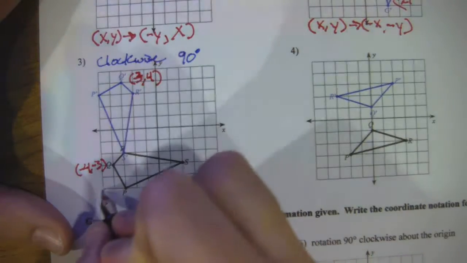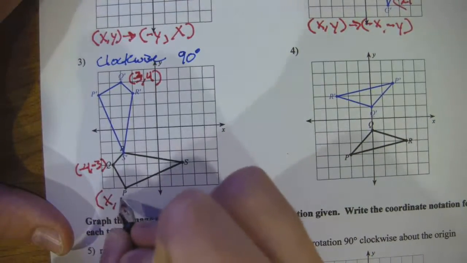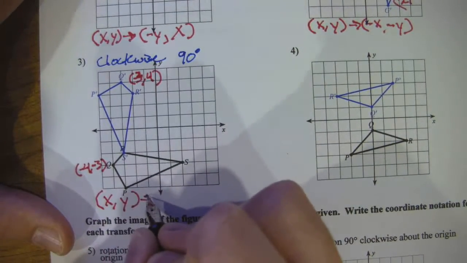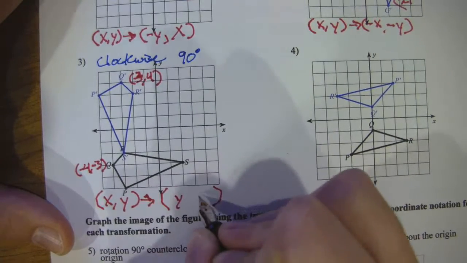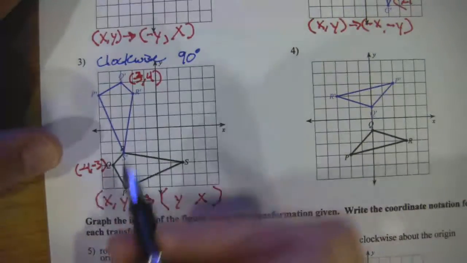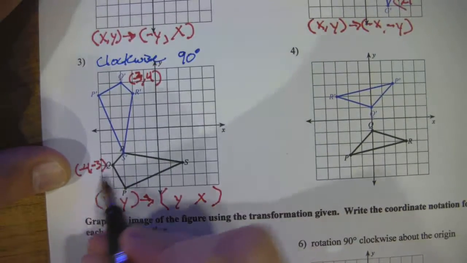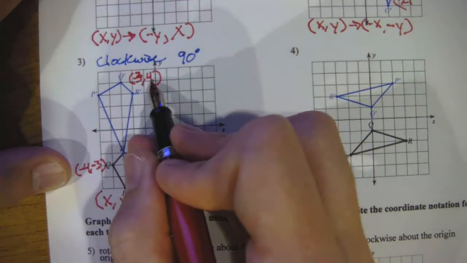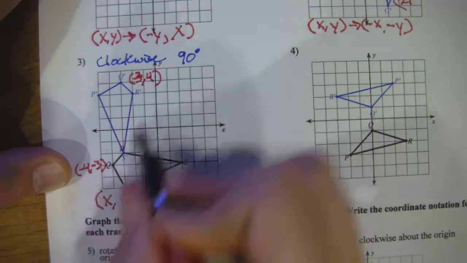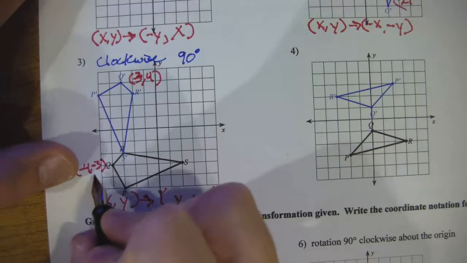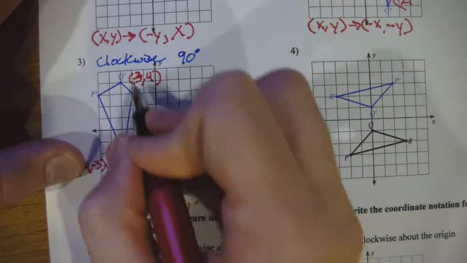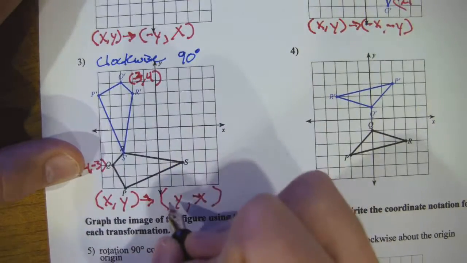So let's write that down. So x's, y's in the original. In the final image coordinates, y comes first, x goes second. So let's look. Here's the original x. Notice it went opposite. -4 to a +4, so it went opposite. But notice the y, -3 here, and still a -3 there. So the y didn't change.